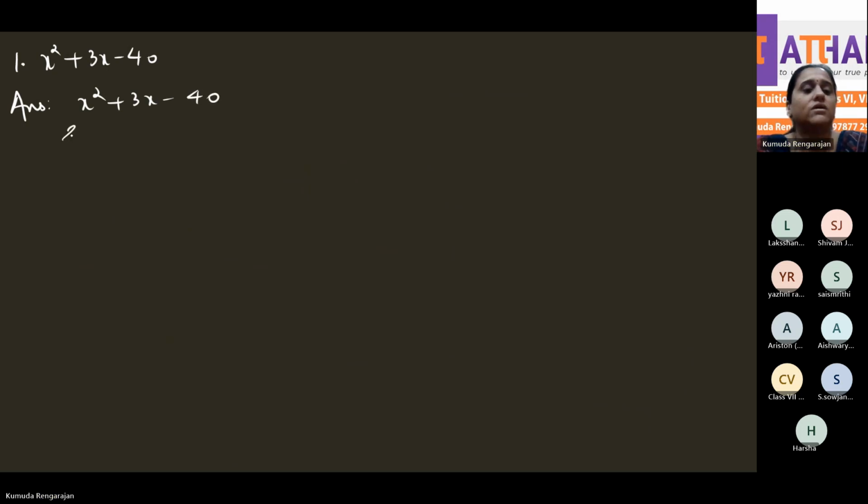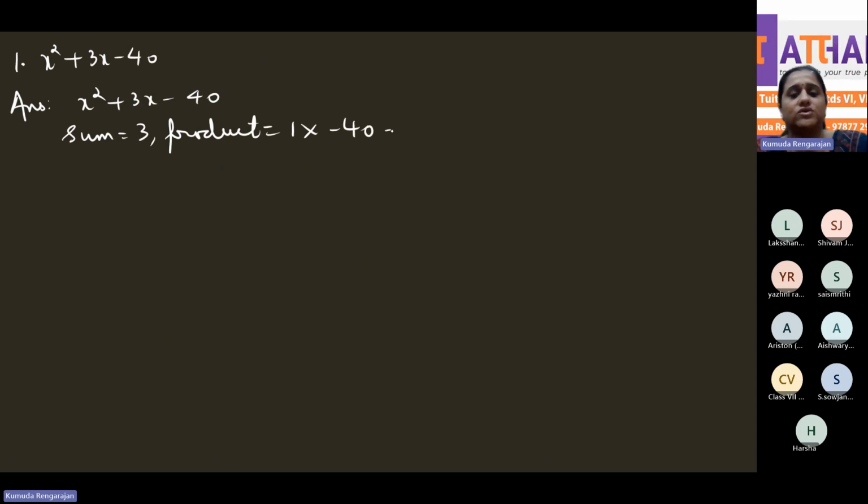So I'll just write it again here without the description: x squared plus 3x minus 40. So what you should do is write out the given expression. Sum is equal to 3. Product is equal to 1 into minus 40, which is minus 40, in the rough column.